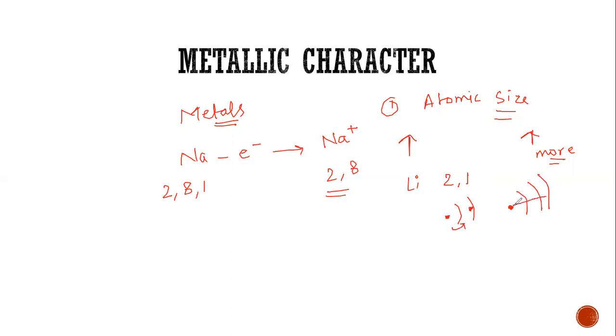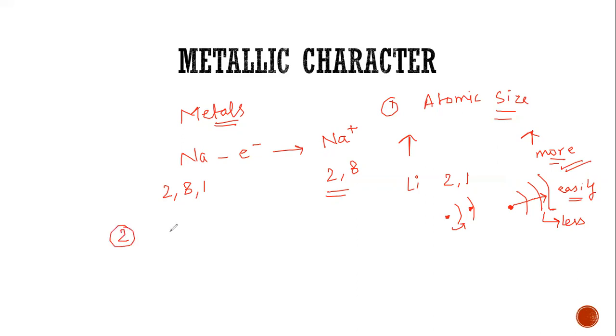It means the distance from the nucleus to the outermost shell increases, and it requires less energy to remove the electron from the outermost shell. So the greater the atomic size, the further out it is, and it requires a lesser nuclear pull to remove the electron. We can easily remove the electron from the outermost shell. Therefore, the metallic character increases.